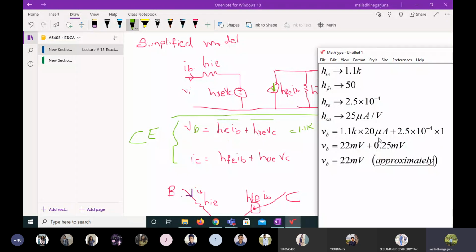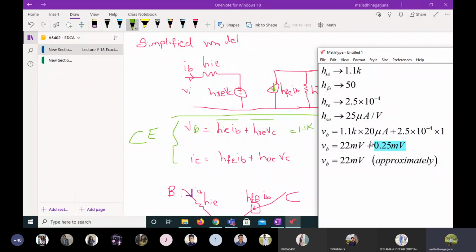So then what is the use of this parameter? What is the use of HRE into VC? There is not much difference if you take HRE VC or if you don't, because the maximum voltage, whatever signal you are applying to the base, is dropped across HIE only. The applied voltage is the sum of individual drops, and the drop is across HIE only.